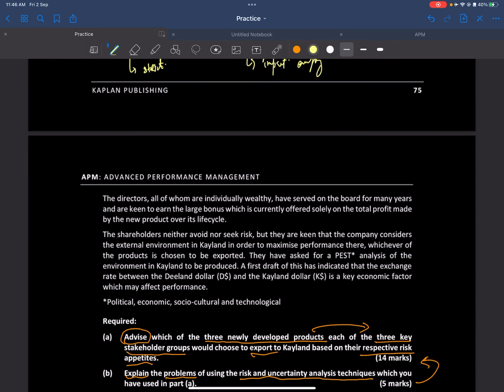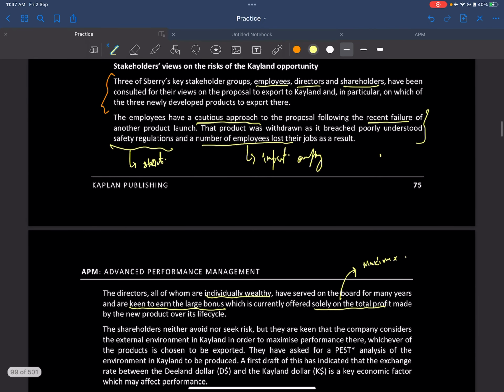So directors, what are they? They are individually wealthy, have served on the board for many years, and are keen to earn a large bonus, which is currently offered solely on the total profit. So since profit is the basis, they will be using the maximax strategy. So this will be maximin for the employees, right?